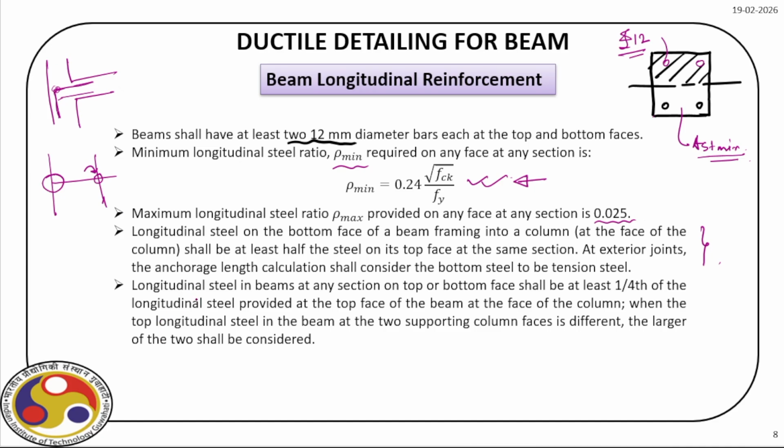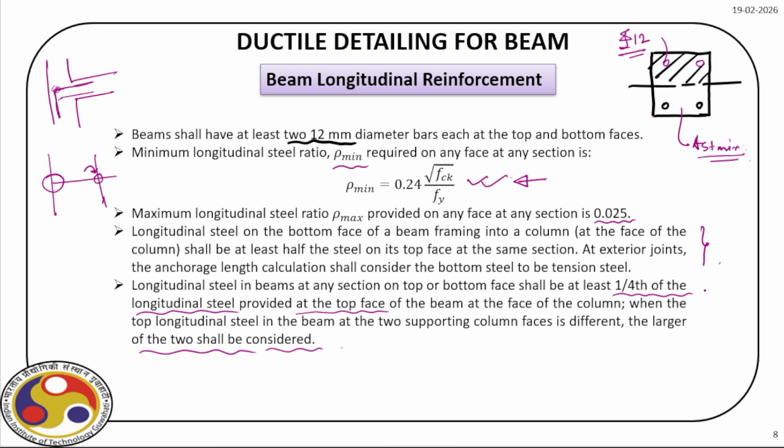But for the time being, longitudinal steel in a beam at any section on top or bottom face shall be at least 1/4 of the longitudinal steel provided at the top face of the beam at the face of the column. When the top longitudinal steel in the beam at the two supporting column faces is different, the larger of the two shall be considered, right?